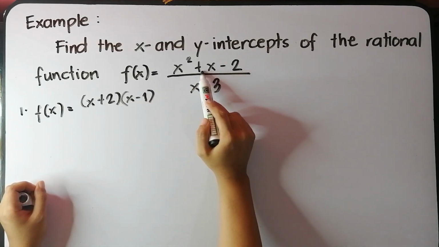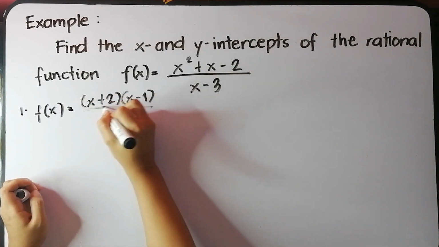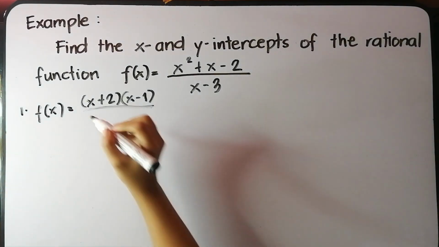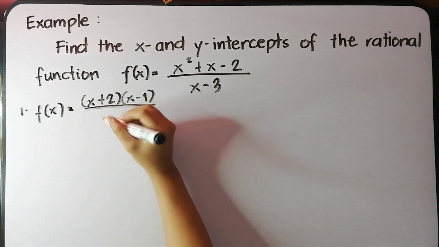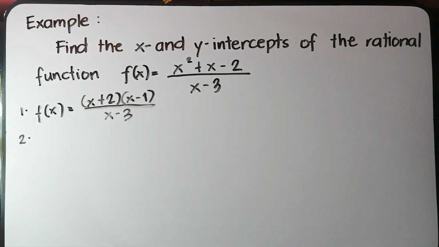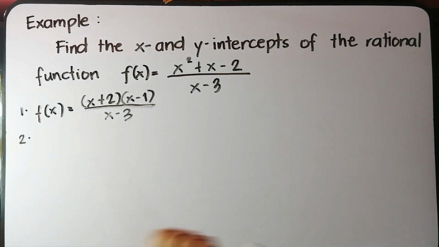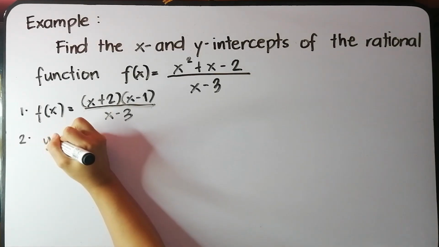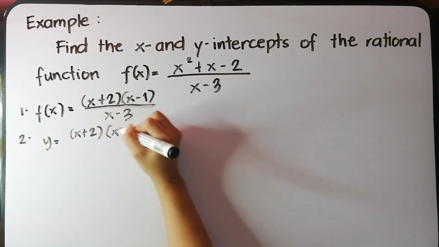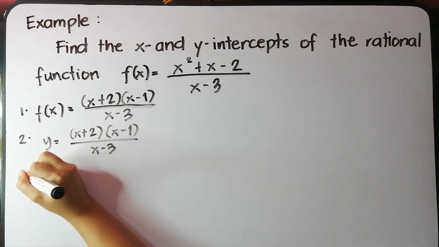The denominator x minus 3 is already in factored form, so the function is already simplified. Next, replace f(x) with the variable y: y = (x plus 2)(x minus 1) over (x minus 3).